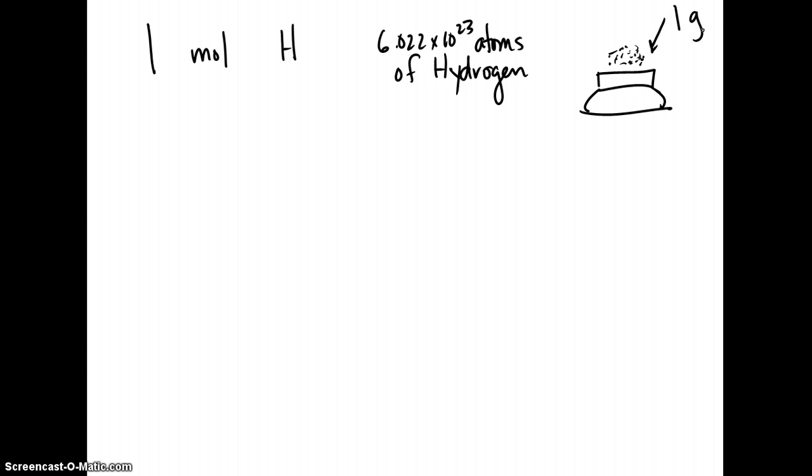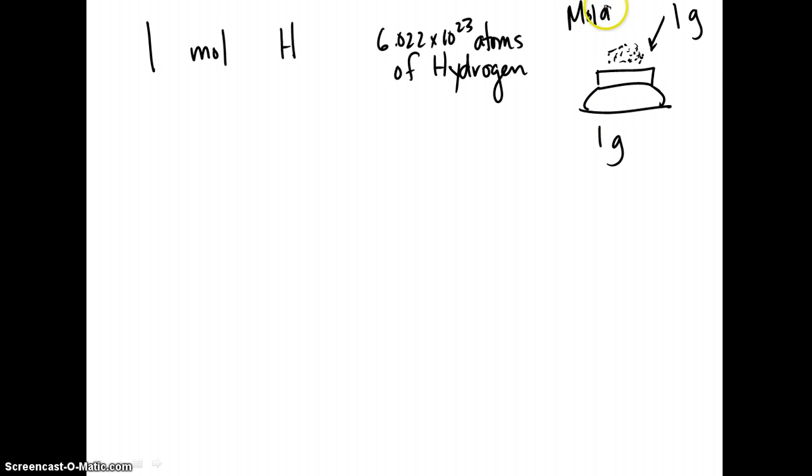Hydrogen is not a very heavy atom, and when you have lots and lots of them, they don't make a whole lot of mass. So the molar mass of hydrogen is 1 gram. We can say 1 mole of hydrogen equals 1 gram of hydrogen.